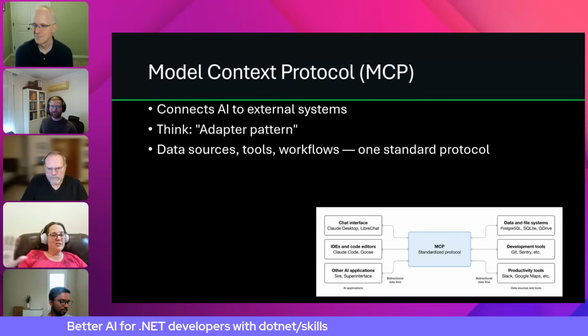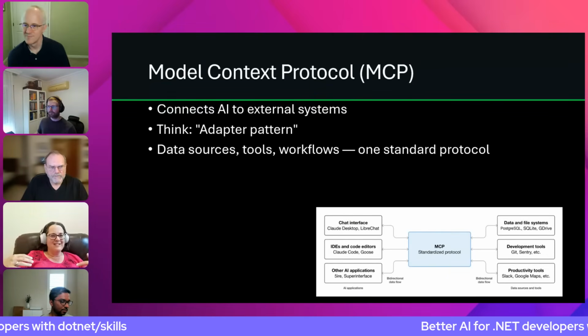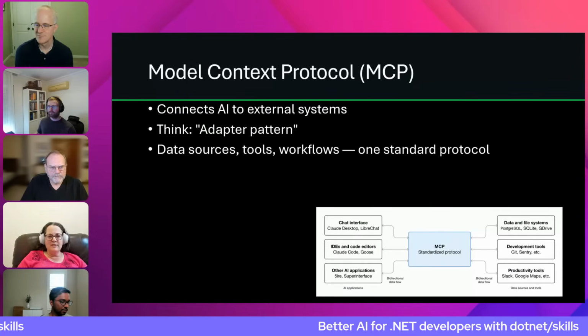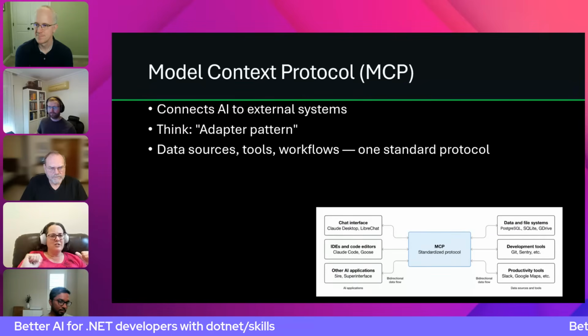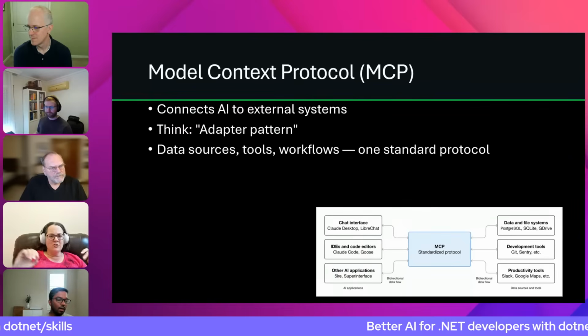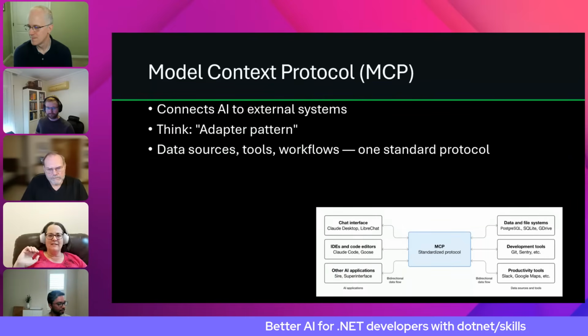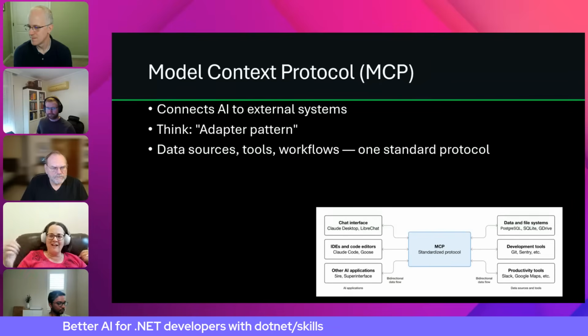I do want to talk a little bit about Model Context Protocol, the MCP servers. These are a set of tools that can be used by the agents when the activity that you need to do needs to make a call to an external system. So whether that's a data source or another tool set, this protocol provides you a way to get access to that information.